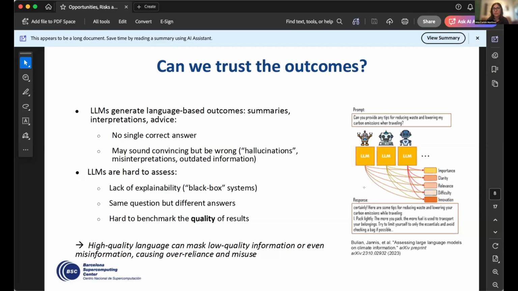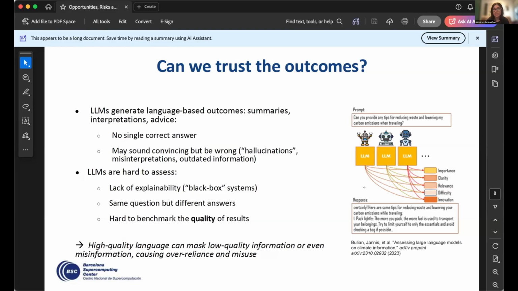All these kinds of traditional metrics. Here it does not work only with that. We need to think about other kinds of dimensions that need to be assessed in order to evaluate if we can truly trust the outcomes that we are obtaining.